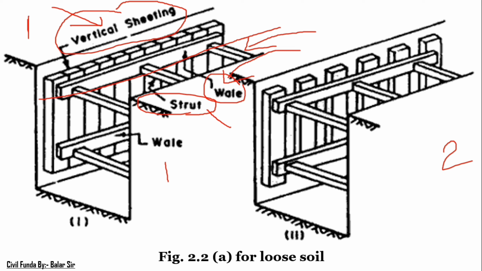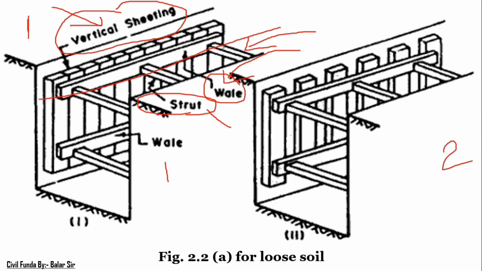Now sometimes, or all the time, vitamin M is very important for us. Sir, what is the meaning of vitamin M? That means money. So I think that I should not provide that many vertical sheets, and instead I provide some gap in between the sheets.